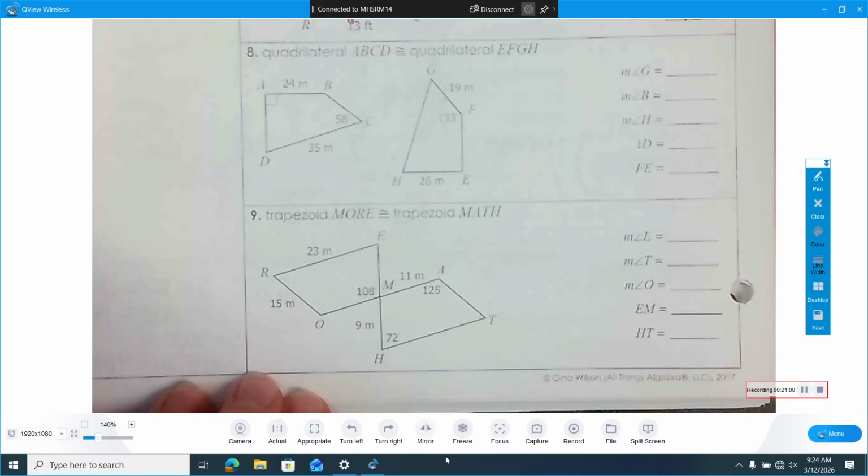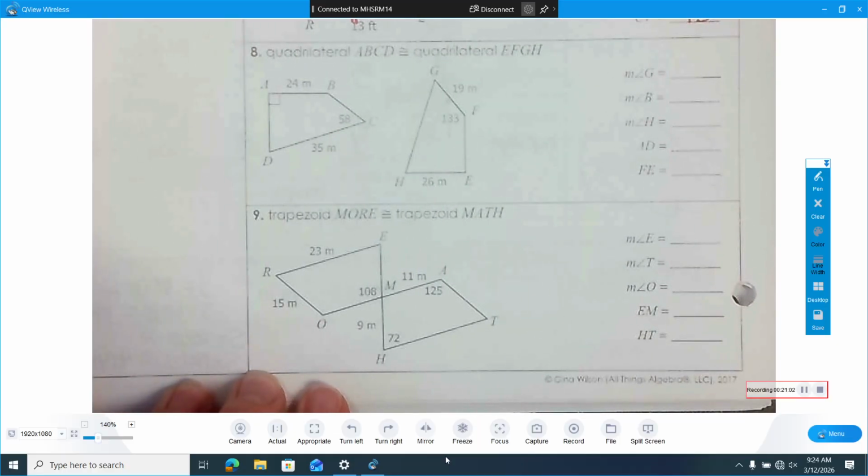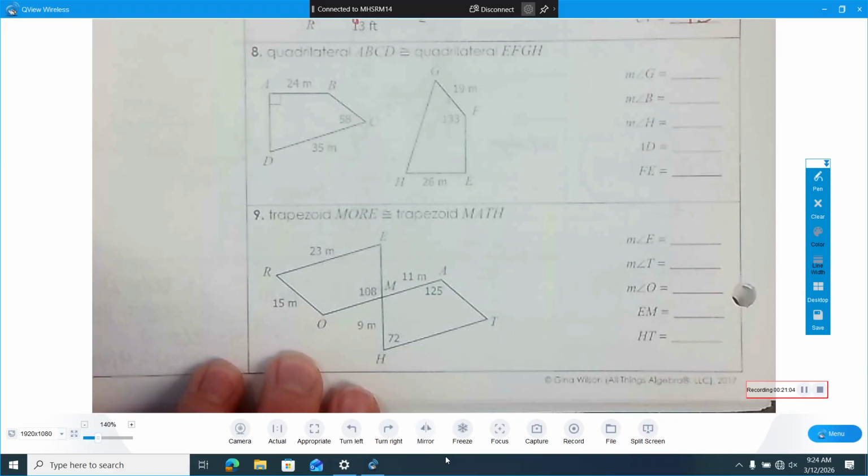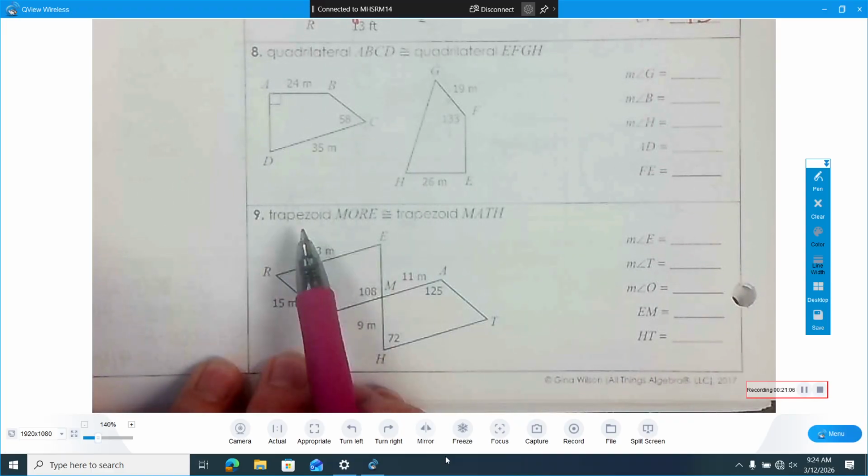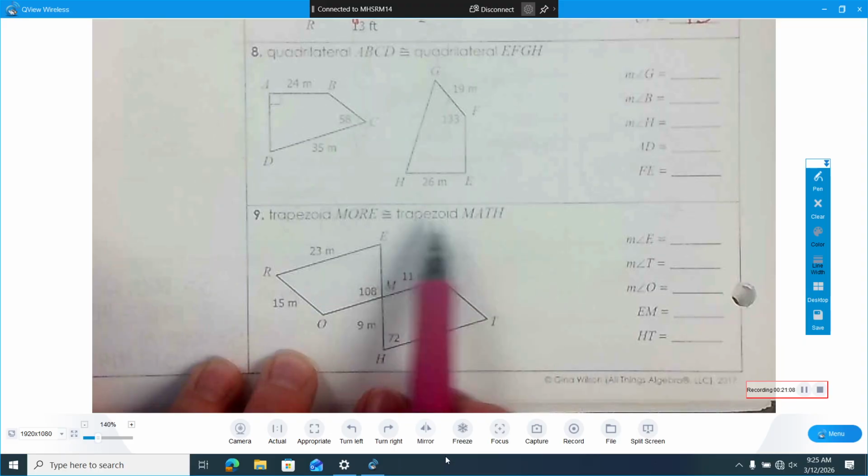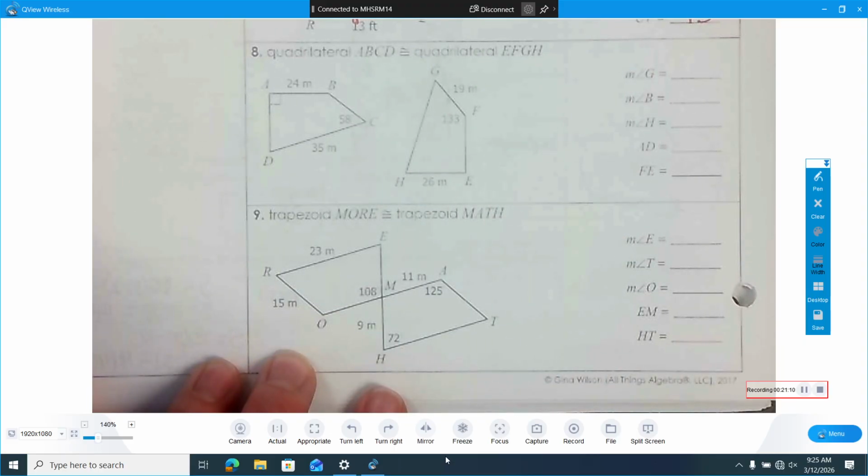Let's look at number 9. All right, trapezoid more is congruent to trapezoid mass. That was so clever. Okay. Oh my goodness. Okay.